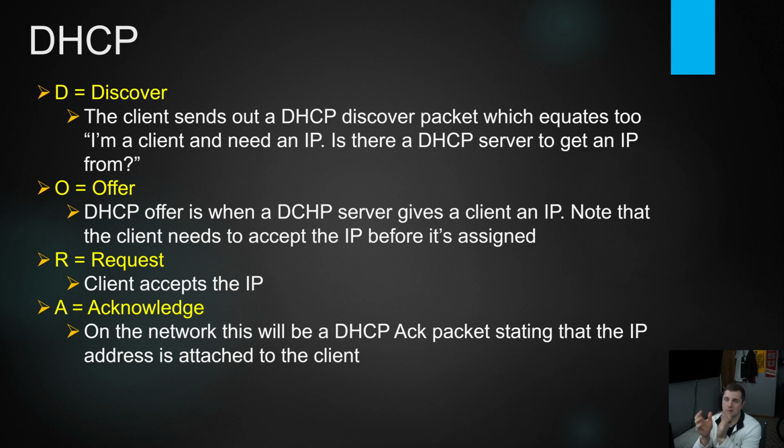Then that request goes back to the DHCP server. It takes away the access to that IP and gives it to the client that requested it. This is known as an acknowledgement, essentially sending a packet back to the client stating that yes, this is the IP address that you now have.